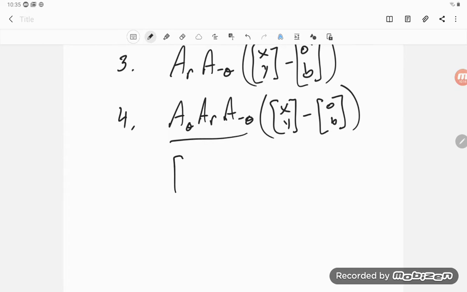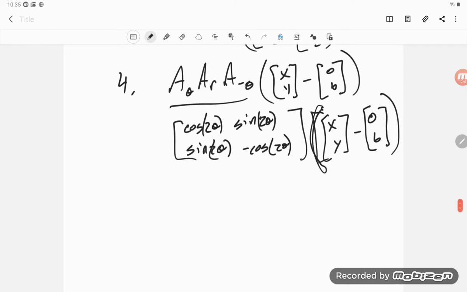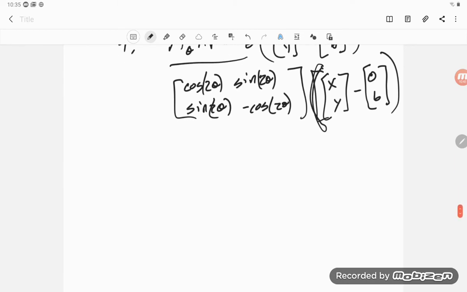So I can write this as cosine 2 theta, sine 2 theta, sine 2 theta, and minus cosine 2 theta, and x, y, minus 0b. Okay, so that's what we have so far.